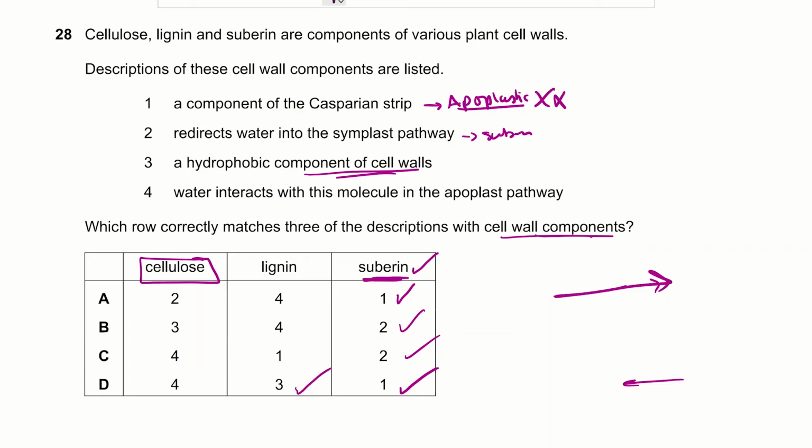Therefore, cellulose is incorrect. 4, water interacts with this molecule in the apoplastic pathway. As we said, it's going to be cellulose in this case, and it's the transport of water in the cell wall of the plant, which consists of cellulose. So 4 is definitely cellulose. Therefore, the answer is going to be D.